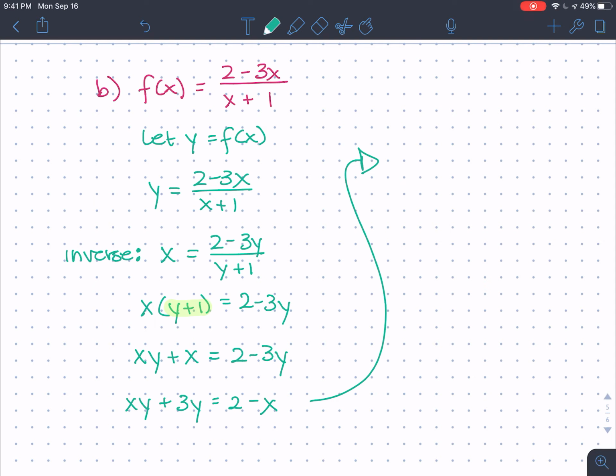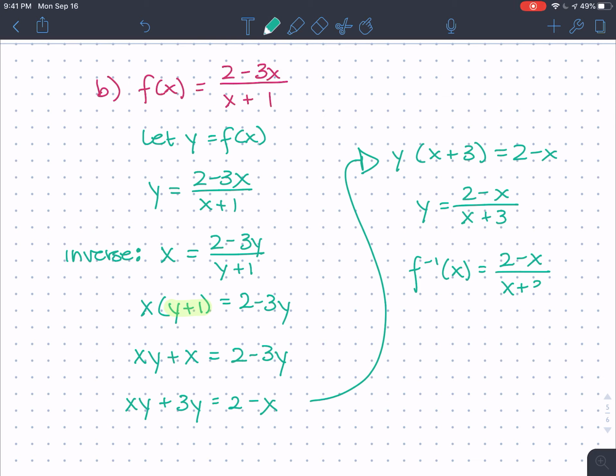Now that the y's are together, I can factor out the y. And then finally, to get the y by itself, I can just divide. So the key was getting the y's on one side together so you could factor them out. And then I'm going to use my inverse of f of x notation to write my final answer. And there we go.